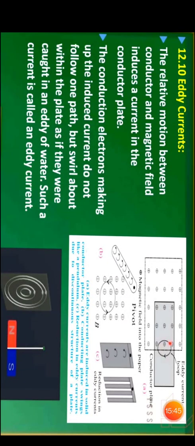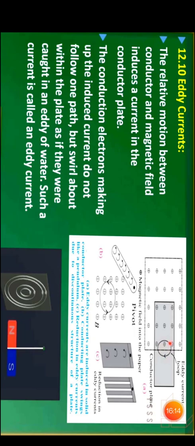Now our next topic is eddy currents. The relative motion between the conductor and magnetic field induces a current in the conductor plates. It is shown in the figure. An opposing force must be overcome, doing work while moving the conductor with uniform velocity v.